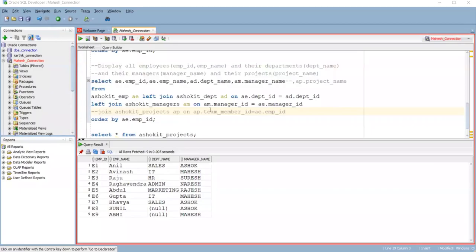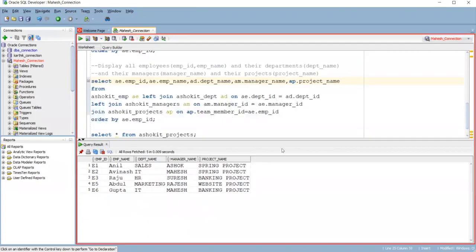So when you are joining the projects table, your count decreased to 5, sir. That means 5 employees are working with the departments, and 5 employees are working with the projects. That's why you got this result.